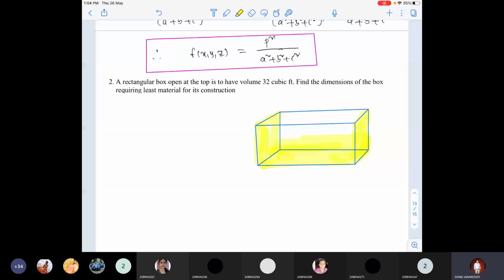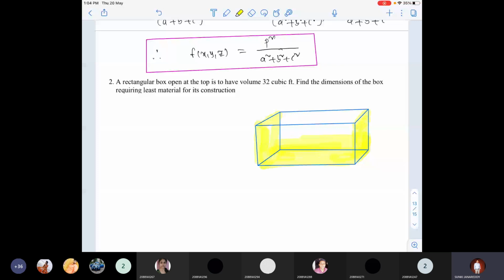And let S be the surface of the box. Here I have taken x, y, z as the dimensions of the rectangular box open at the top, and let S be the surface of the box.